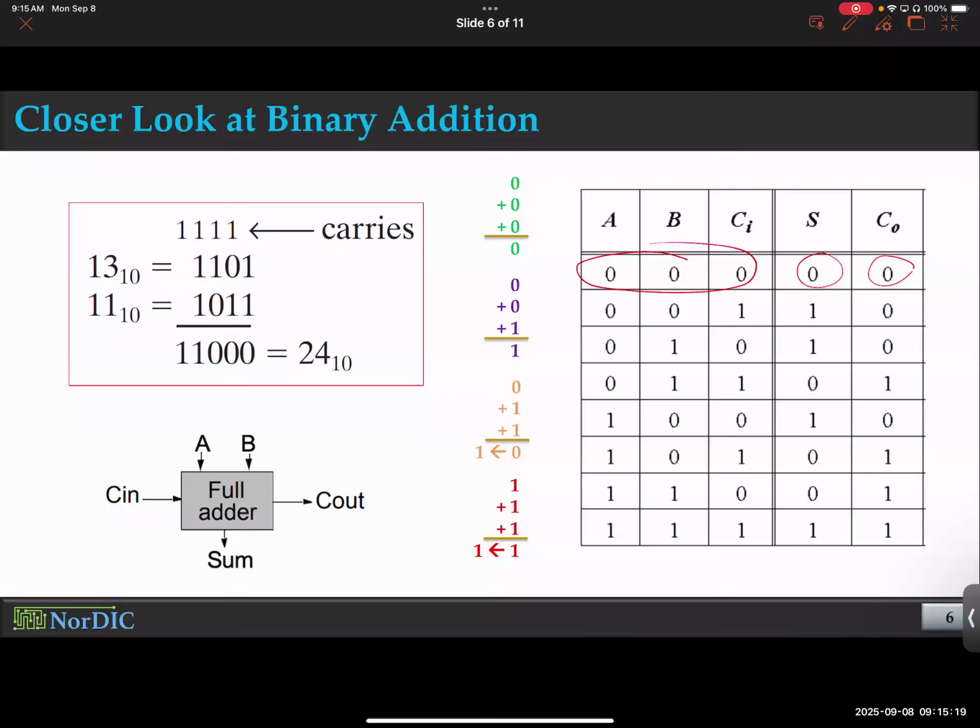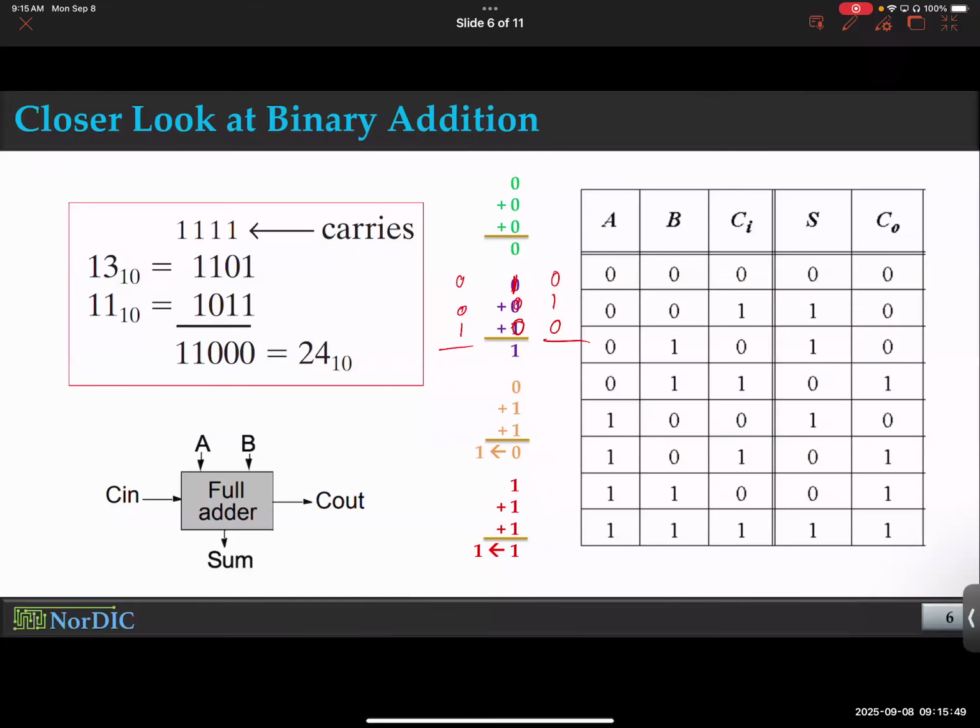There was another situation where you could have just one 1. And this one could be anywhere. Notice, if this were 1, 0, 0, or 0, 1, 0, or 0, 0, 1, it doesn't really matter which one is 1. Is A 1 or B 1 or carry in 1? We just have to see this situation where you have one 1 out of the three inputs.